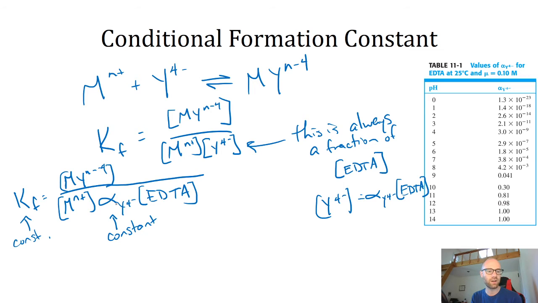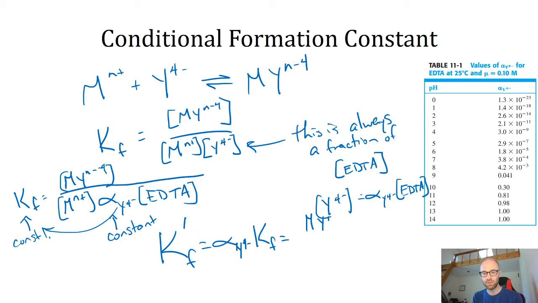So we're going to multiply this over and call it K prime F. That's going to be equal to alpha Y4 minus times Kf, which is equal to the bound divided by the free metal times the sum of all EDTA.